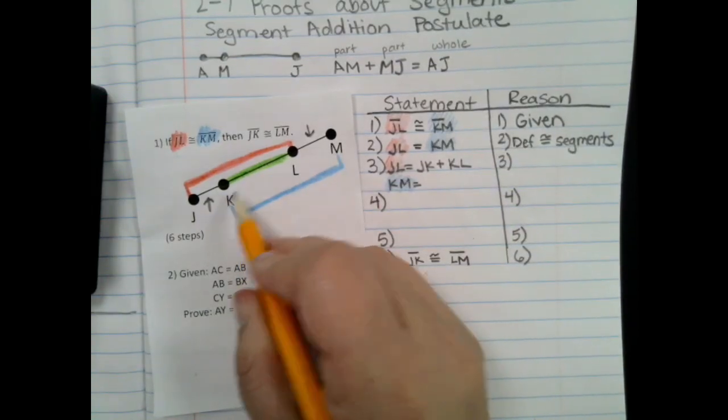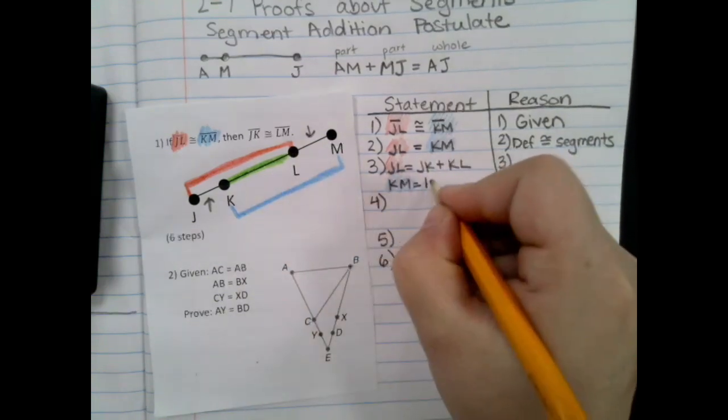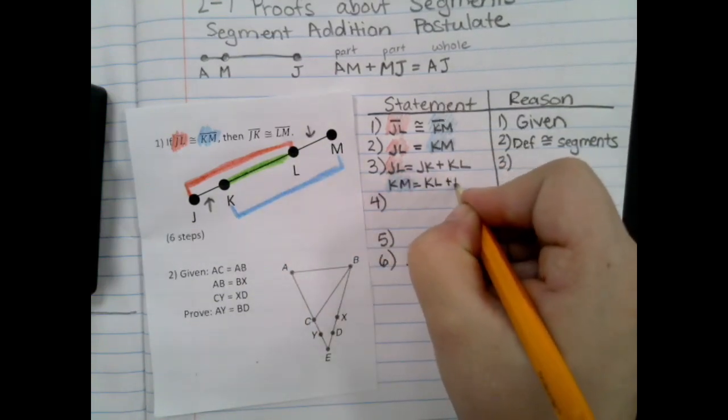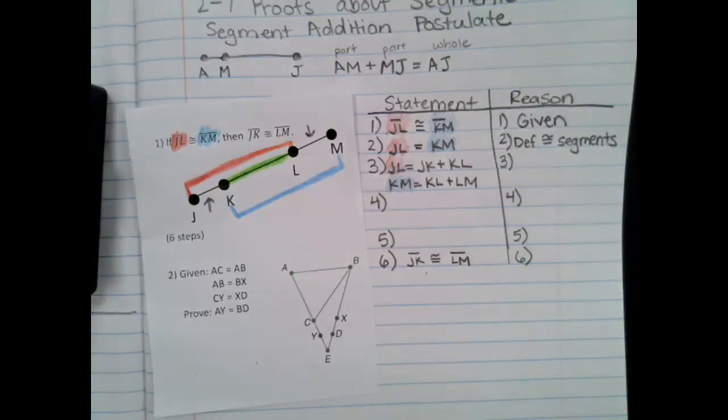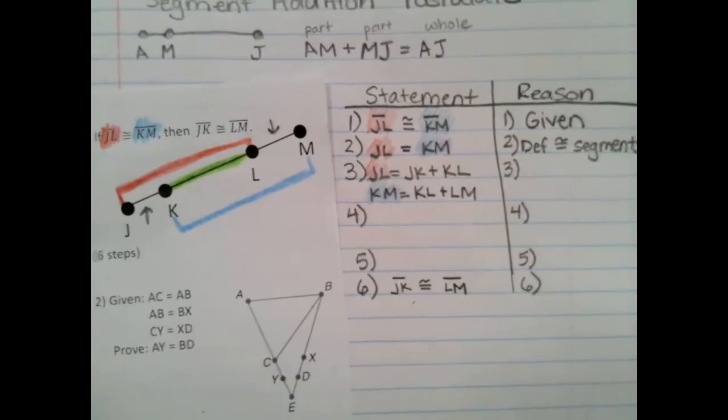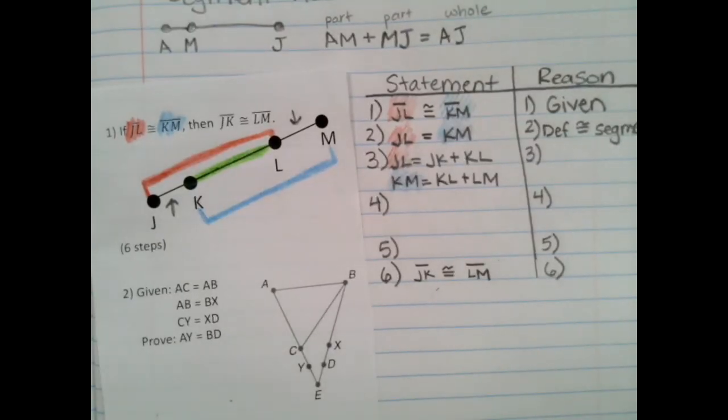That would be K to L, good, and L to M, good. So if you ever get stuck in a proof, the next thing to look and see is, can we break a segment apart into two parts? It's kind of a next thing.